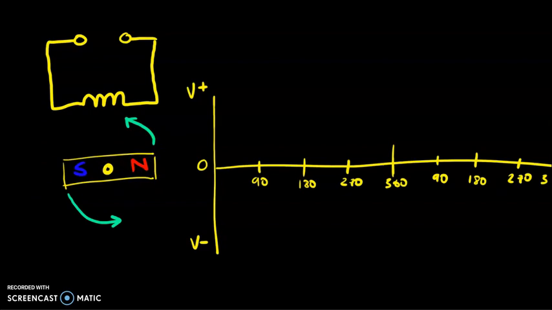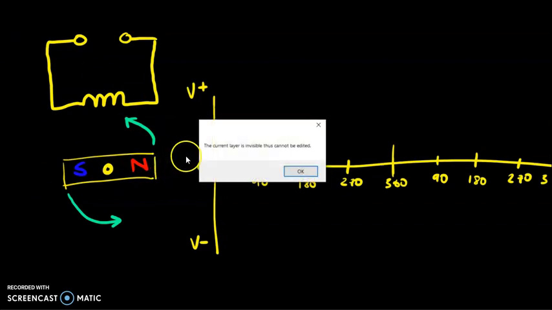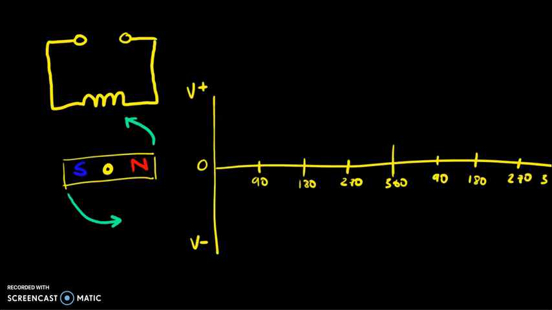If I quickly draw some lines of flux, remember they go from the North Pole to the South Pole externally. At the moment those lines of flux are nowhere near the coil, and they're not cutting across it either. So if we rotate that magnet, it becomes vertical.